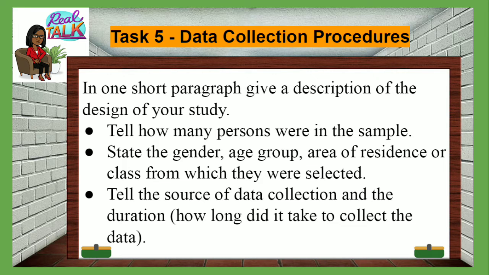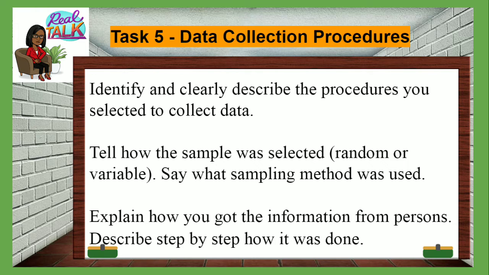Here is where you're going to describe in one short paragraph how your study was designed. You need to tell us how many persons were in the sample. You need to state as well the gender and age group of the persons in the sample, as well as tell the source of data collection and the duration. How long did it take you to collect the data from these persons?